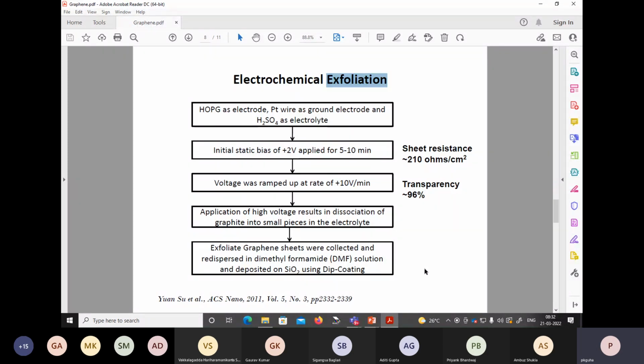Here we use the electrochemical exfoliation technique, so here it is like a battery structure. You use graphite or HOPG, okay, and you basically separate layers to achieve graphene, right?